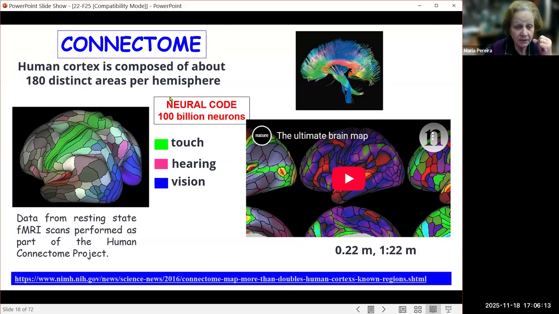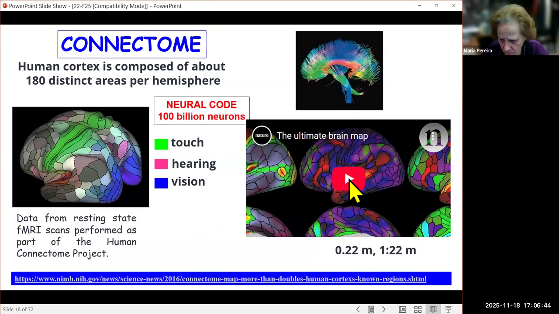Okay, so the neural code, that means where are all these action potentials going to end up? It's made up of 100 billion neurons. There's nothing in the universe that we know of that is as complex as our brain. 100 billion neurons. How do we know that the circuit goes from A to B to C to D, right? That's very hard to study.